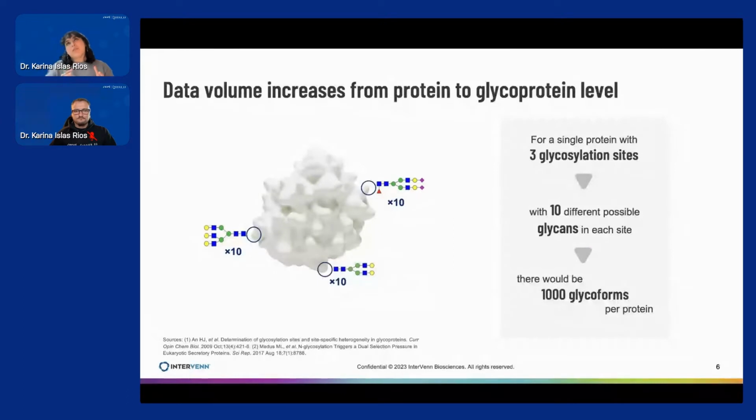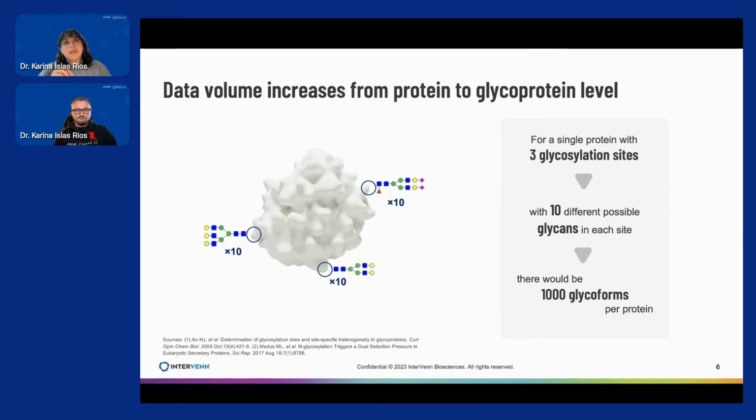What happens if you think about one single protein is that you could have different glycosylation sites, and that means that the glycans are arriving there, they are attaching there. Sometimes you have them, sometimes we don't have them, but per protein we could have, let's say, 10 different possible sites. 3 sites, and for these 3 sites we could have like 10 or 5 different possibilities for glycans to be attached in there.